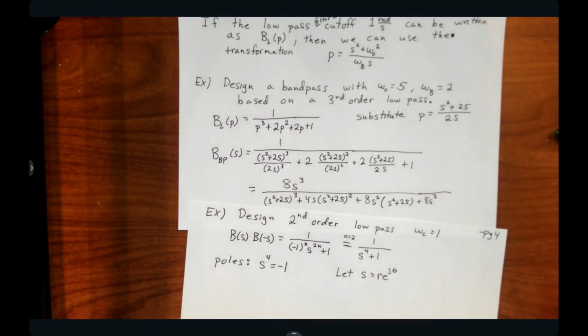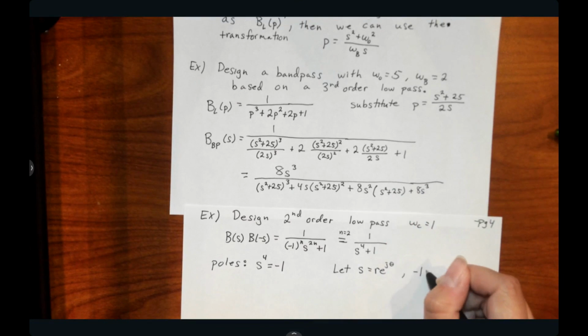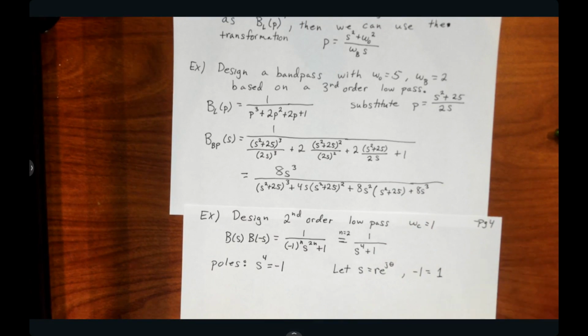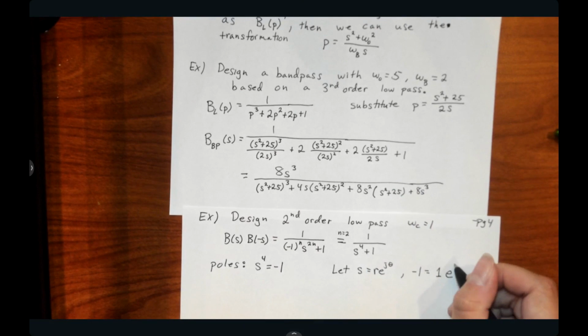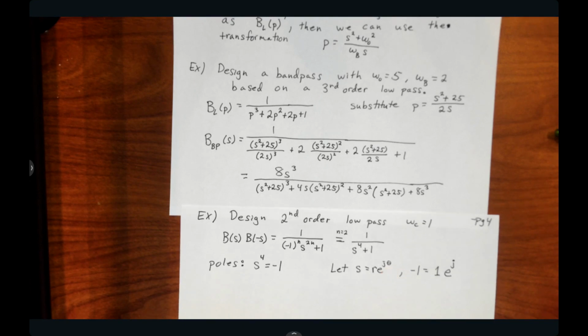So we're going to let minus 1 be defined with magnitude 1 and then e to the j. If we just had this single minus 1, instead of e to the j 0 like we had for 1, it would be e to the j pi. But that only gives us one possible solution for this theta, and we want to get all of the ones on that unit circle.